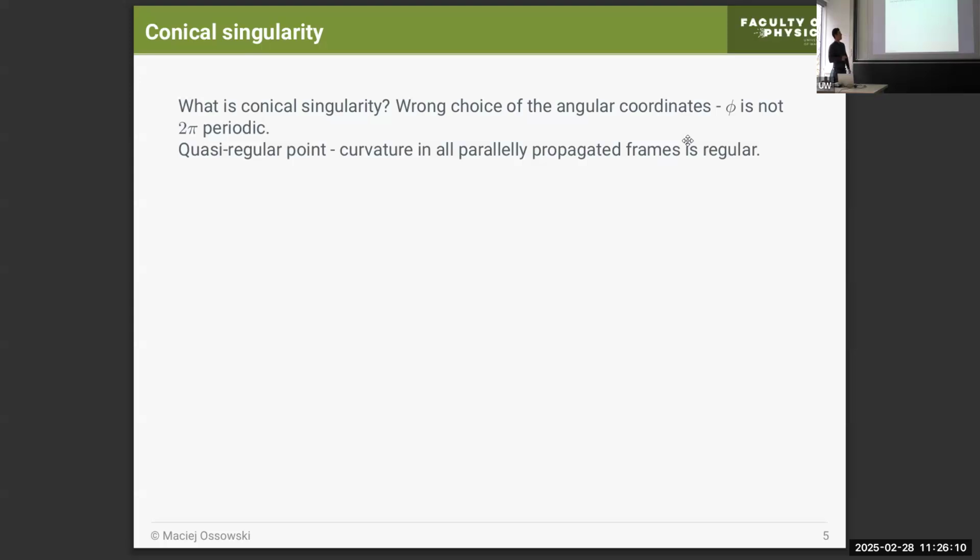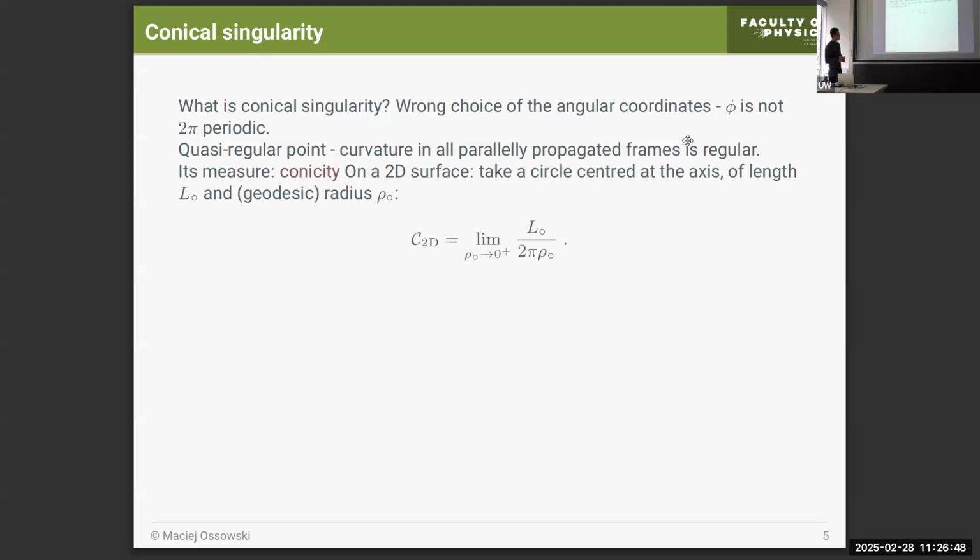What this means is that on the axis there is no curvature singularity as such, and even the curvature is regular in all parallelly propagated frames as we tend to the axis. However, still there are curves which terminate at the tip of the cone, which you could quite easily imagine: if your curve arrives at the tip of the cone, because there's no notion of the tangent space, there is no unique way to continue this curve through the tip of the cone. So that's basically the intuition.